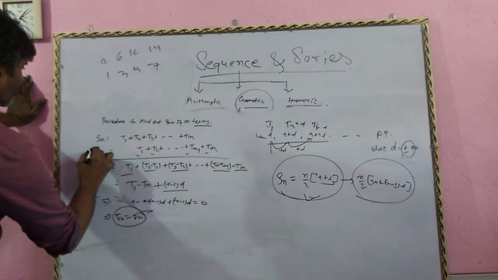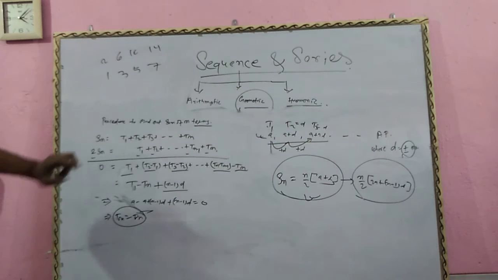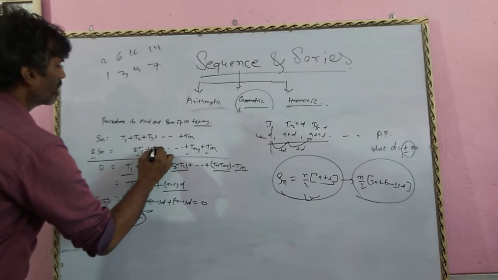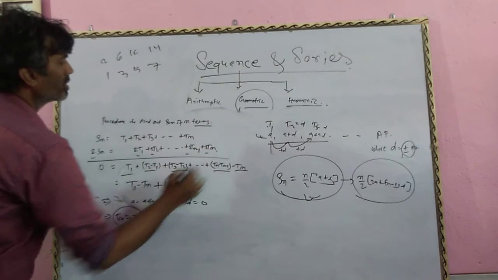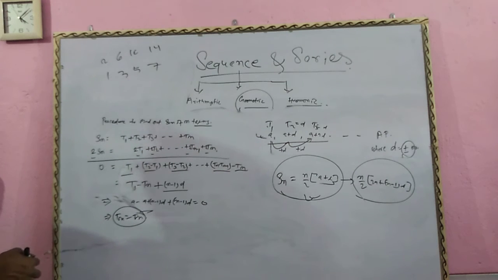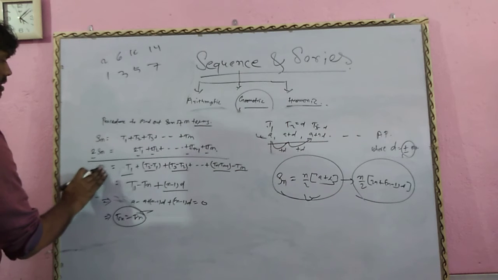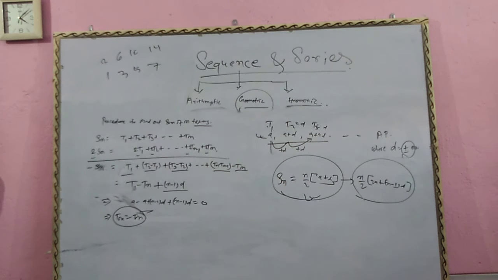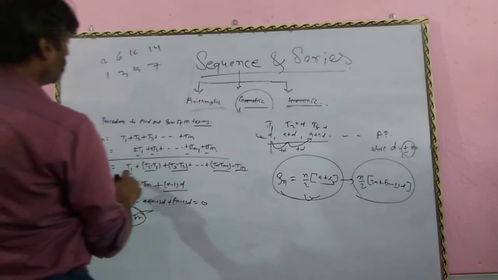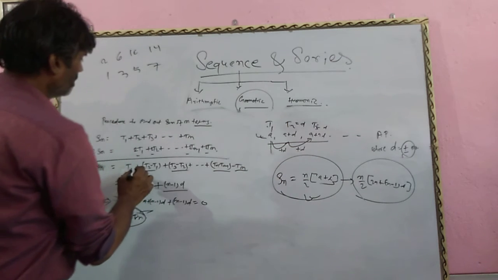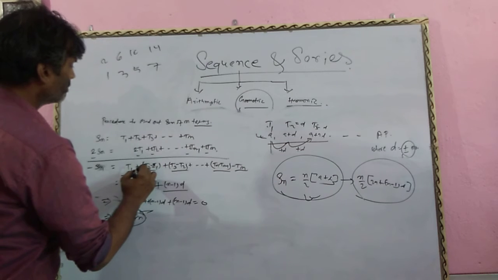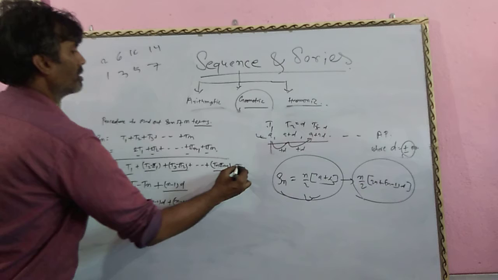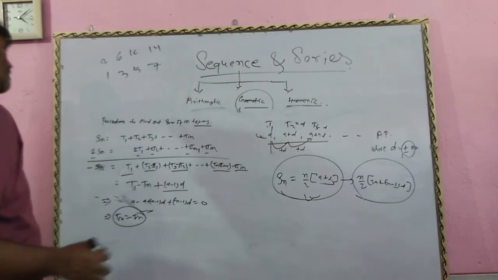Okay, twice Sn, just multiply it. Twice T1, twice T2, and so on. Then what happens? This will be equal to minus Sn, equal to T1 and T2 minus 2T1, T3 minus 2T2, and it is coming out like that.